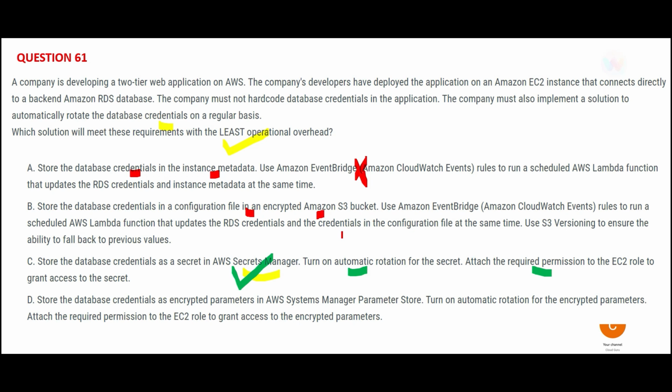And then they are saying that you want to plug EventBridge rules to schedule a Lambda function that will update the credentials. So for example, in this case, you want to rotate your credentials and they are creating a custom solution using Lambda. So what did I say at the start? If AWS gives you the feature which will help you with least operational overhead, do not create custom solutions.